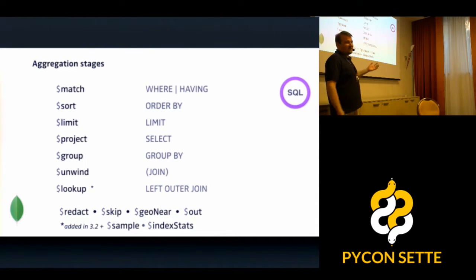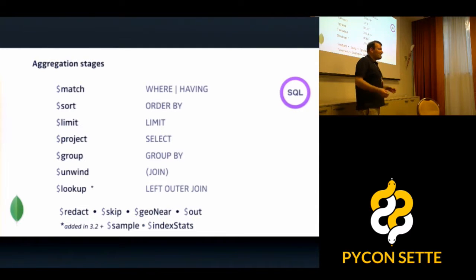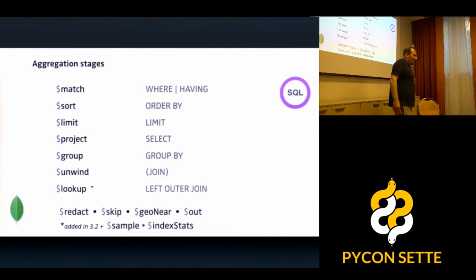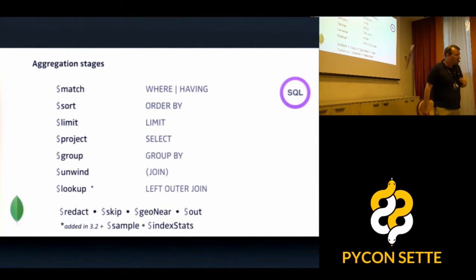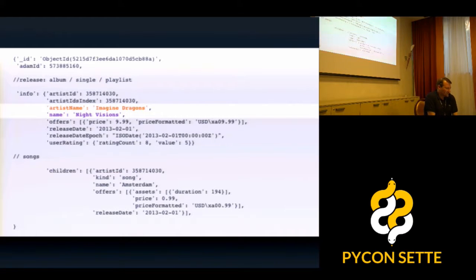Basically this gives us random samples from our data set, which is really nice for testing new code. Index stats is not really an aggregation thing, in my opinion. It's more like a performance operator. It tells you how often indexes were hit for the time your MongoDB instance is up and running. So if you close it down, you start with 0. So it's different. So let's move to our next example.